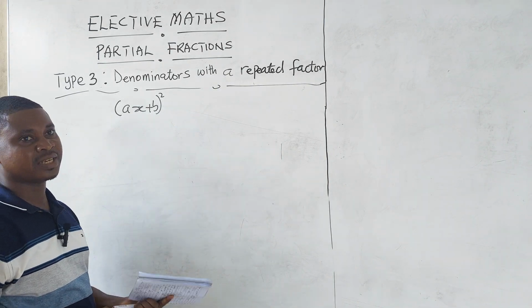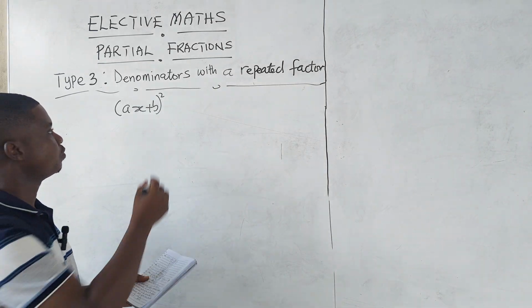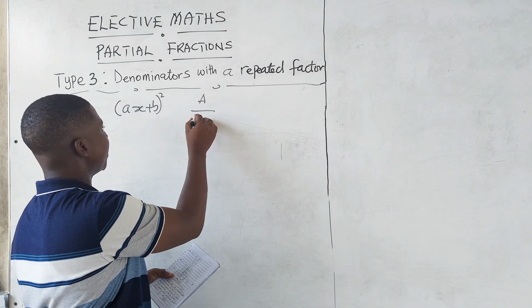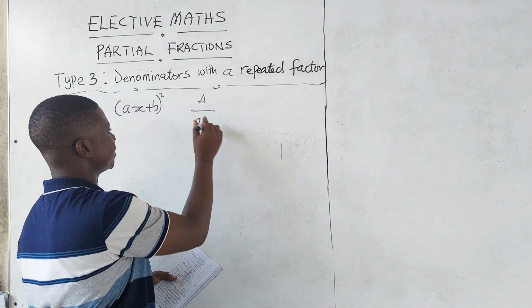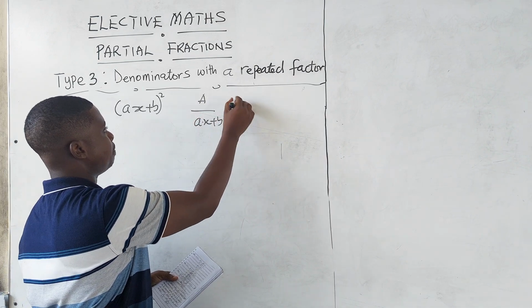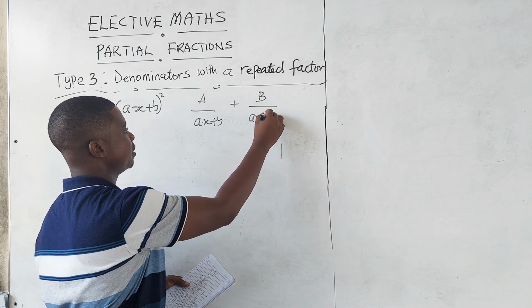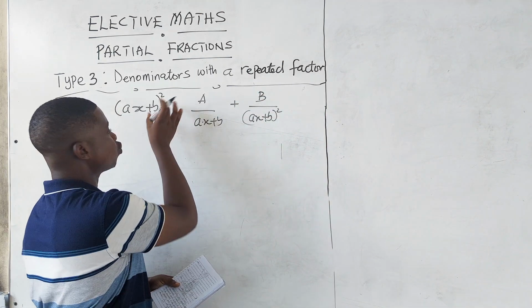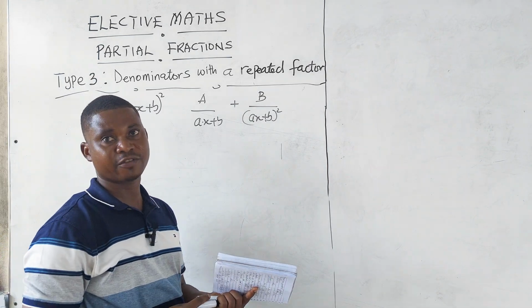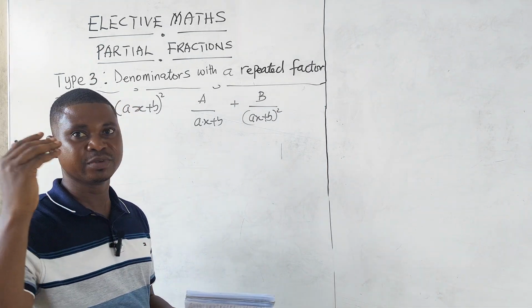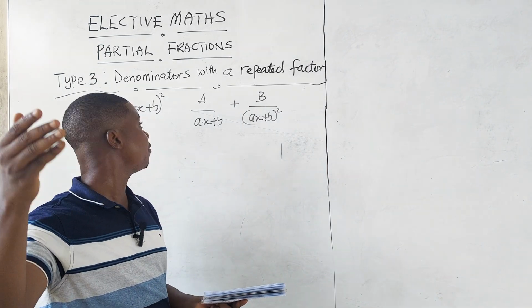And when you have this, you can have the partial fraction to be A over (ax + b) plus B over (ax + b) all squared. So for this one, you are going to have two partial fractions. When the power is three, it means you are going to have three partial fractions.